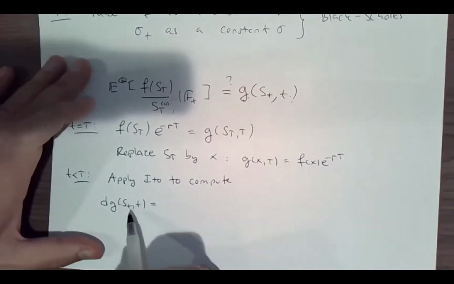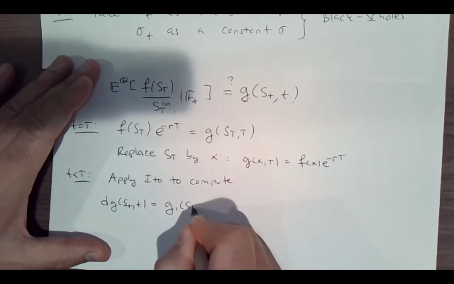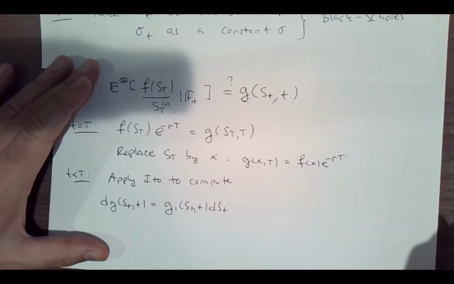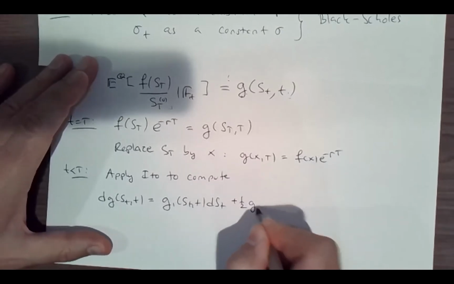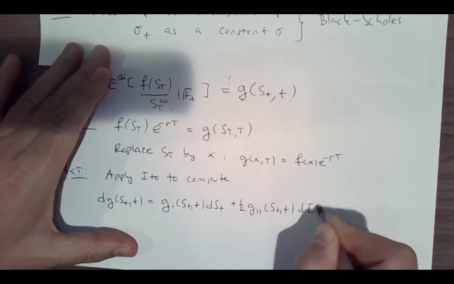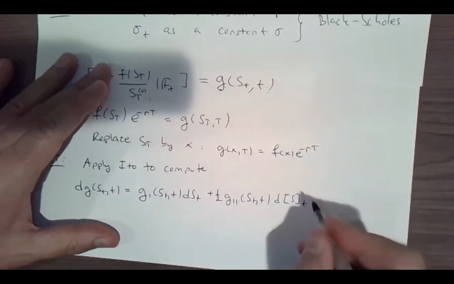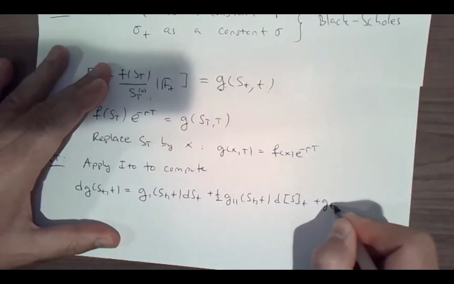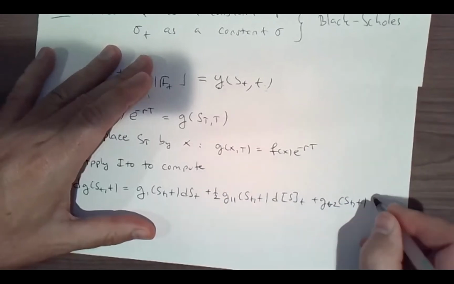We need to look for Brownian motion terms, which are inside S. So I'll get here g1 of S_t and t dS_t. And because there's Brownian motion inside S, I need two derivatives, so g11 of S_t and t and the quadratic variation of S. And then I need the time derivative g2 of S_t and t, and then it's going to be dt.